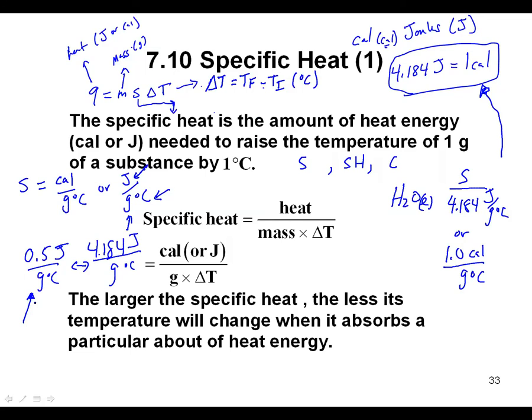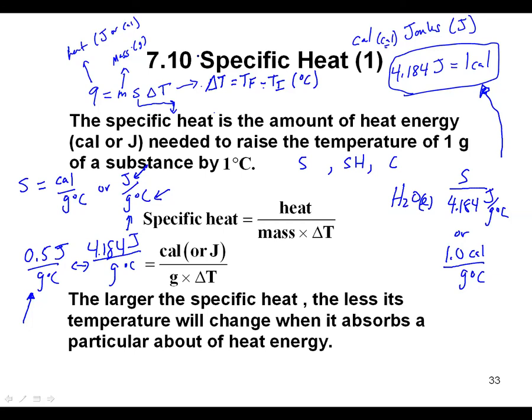Whereas for water, you would have to put in 8 times the energy to get the same gram of water to change its temperature by 1 degree Celsius. So the higher the specific heat capacity, the more energy you have to put in to change the temperature. The lower the specific heat capacity, the less energy you have to put in. That's why changing the temperature of water takes a lot of energy.